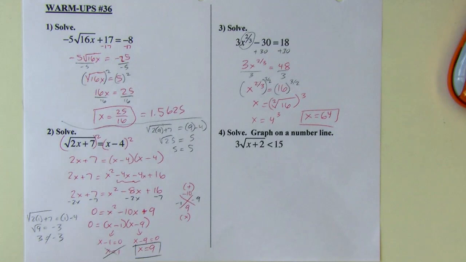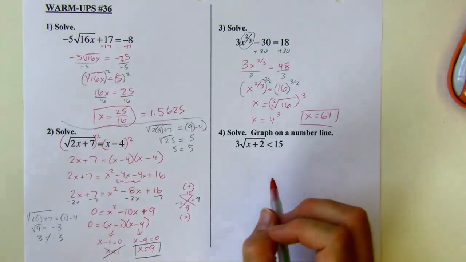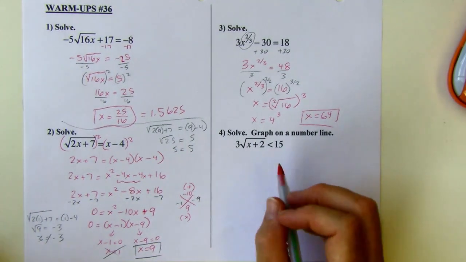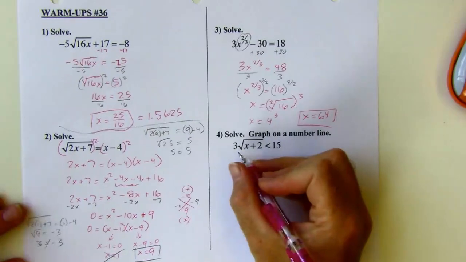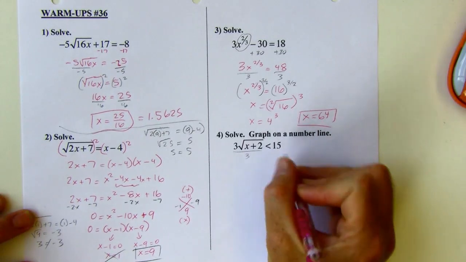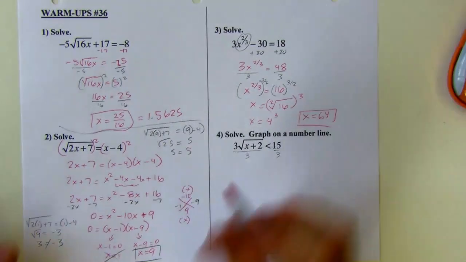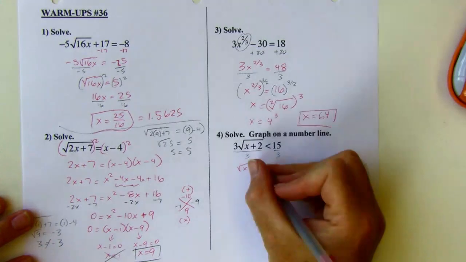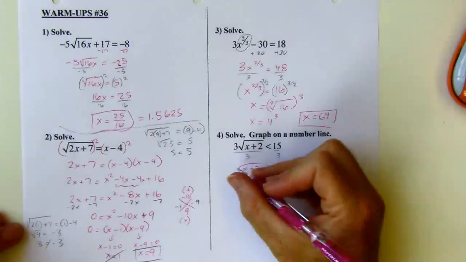All right, and the last one, we're going to solve this and graph it on a number line. Okay, so I'm going to start out by solving this kind of in a similar way that I would if it were an equation. So I'm going to isolate the exponent. Okay, now I'm going to square both sides of the equation.